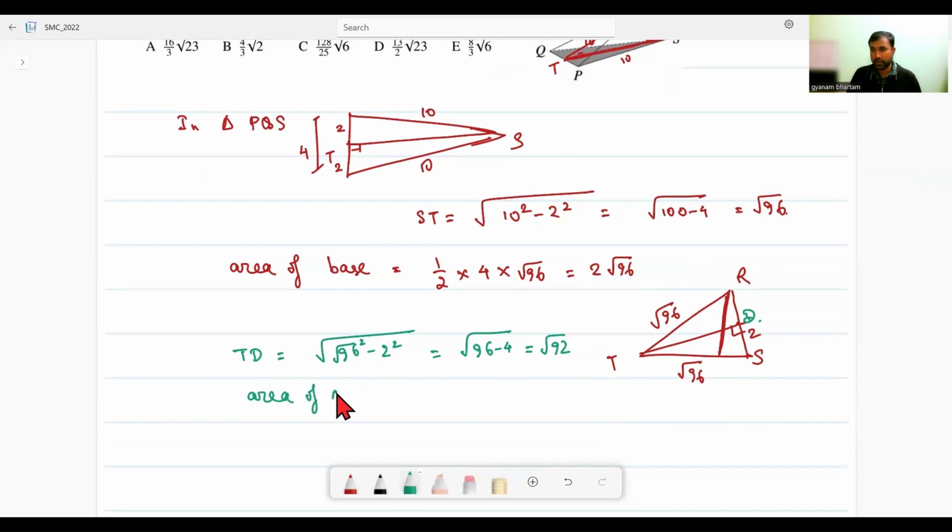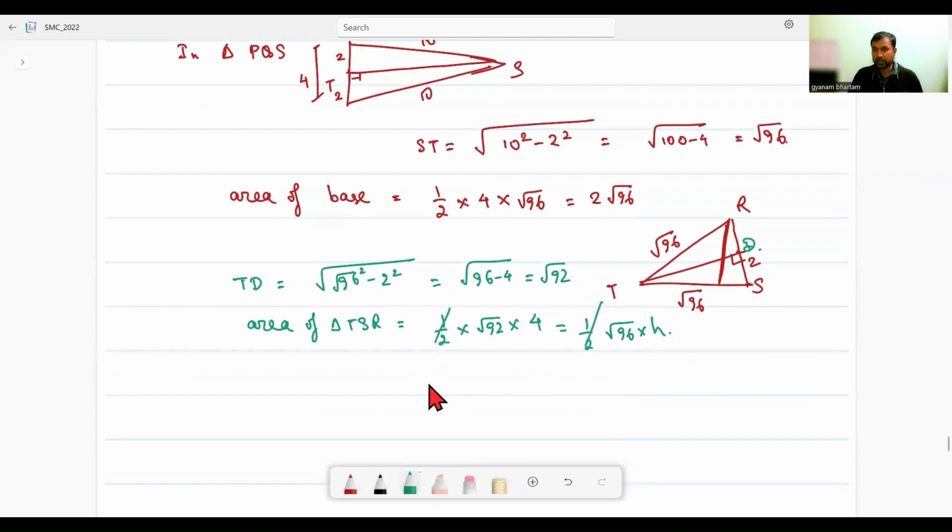So the area of triangle PSR is going to be half times root 92, which is the height, and the base is 4. And this should be equal to half times root 96, that is the base, and the height we have to find, which is the height of the pyramid as well. So half and half will cancel out, and we have h equal to 4 root 92 divided by root 96.